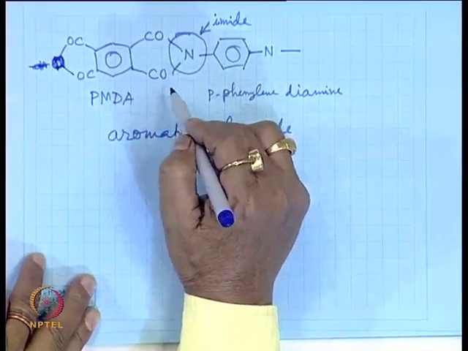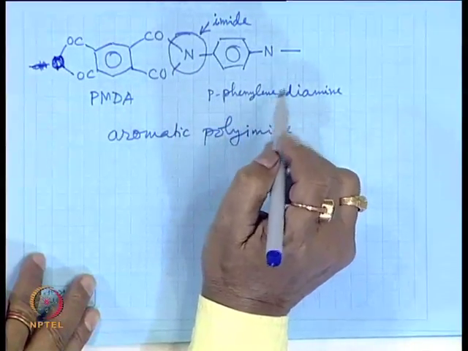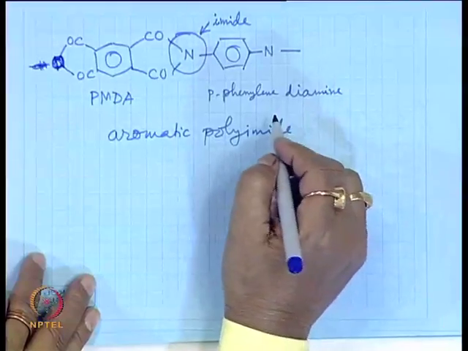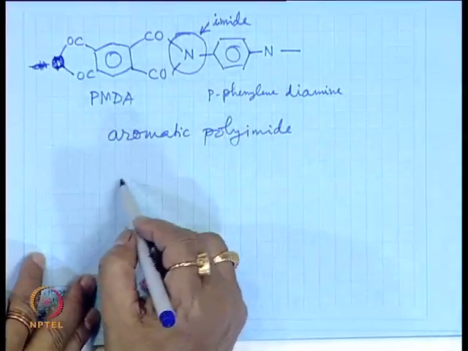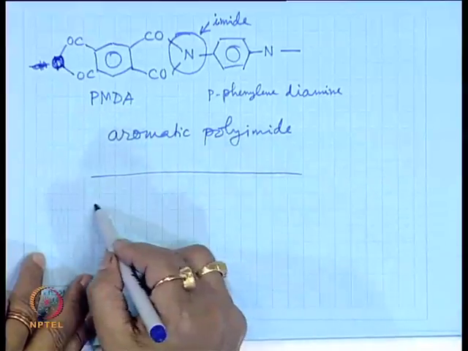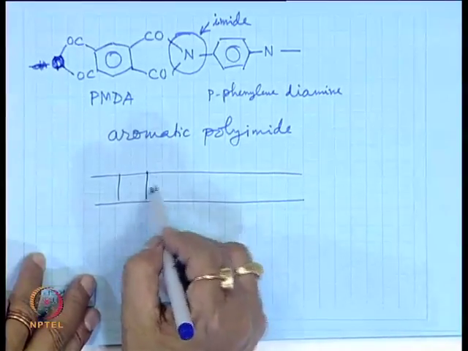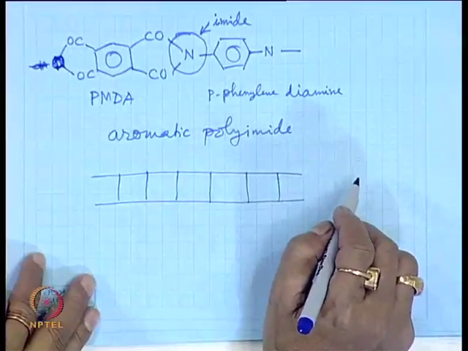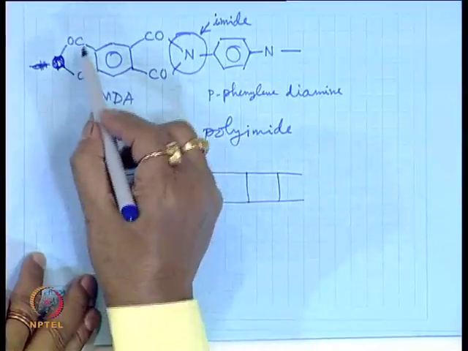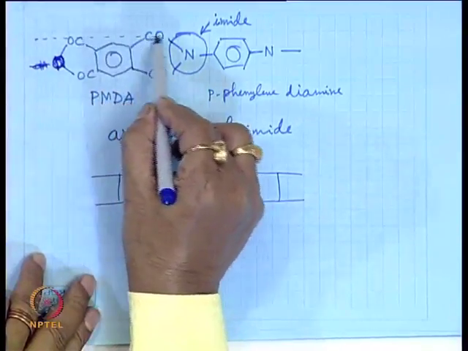That way we can get different types of polyimides, aromatic polyimide polymers. They are further thermally stable polymers, and it leads to a double strand polymer like this. If you imagine this way, it is called a multi-strand polymer or double strand polymer.